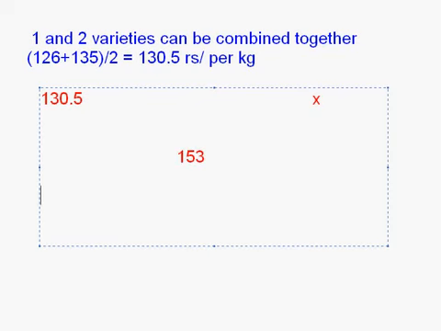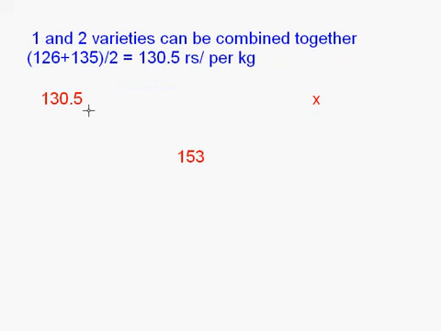Now let me draw the lines also, so the lines will be of this kind. When you draw lines, it becomes very easy to see what to subtract and from which to subtract. Of course, over here it is the cheaper price. This x will be the expensive one.